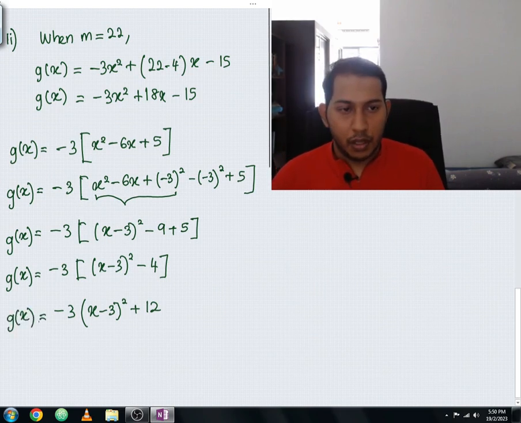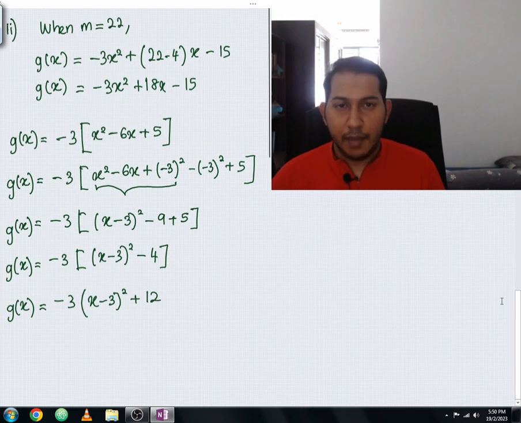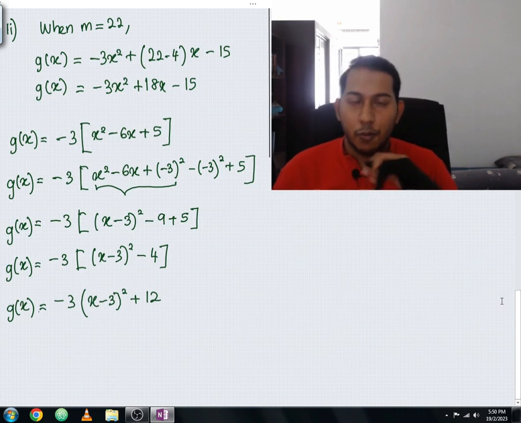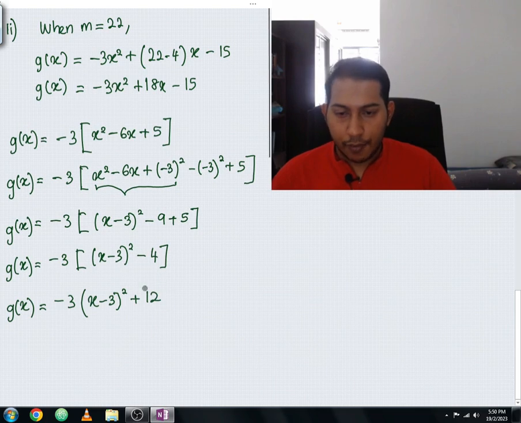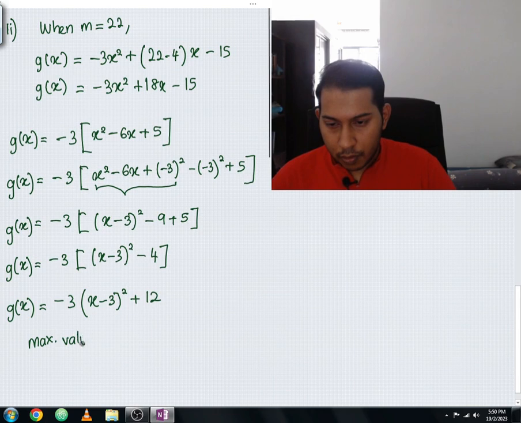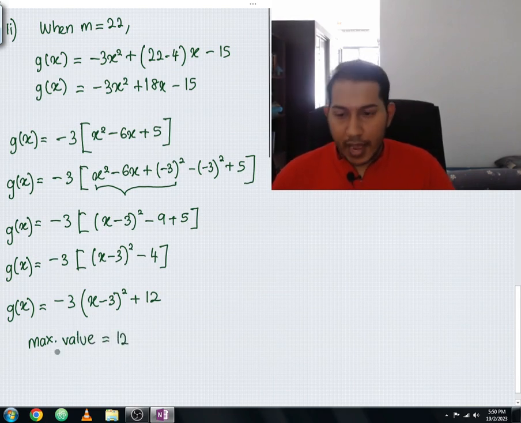In order for us to find the maximum point, you need two important pieces of information: one is the axis of symmetry and the other is the maximum value. The maximum value is very straightforward. We can get it from here. So the maximum value is equal to 12.